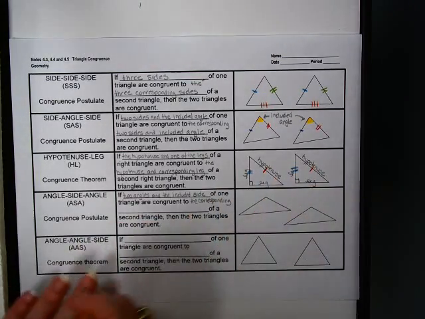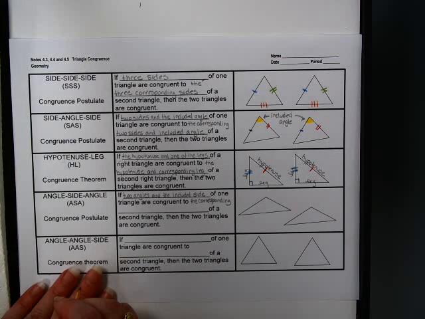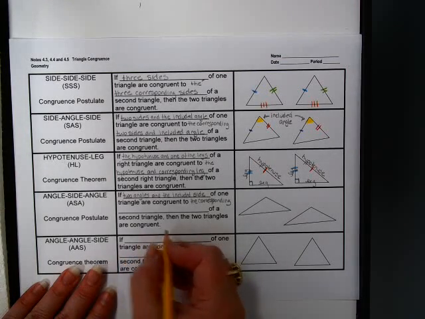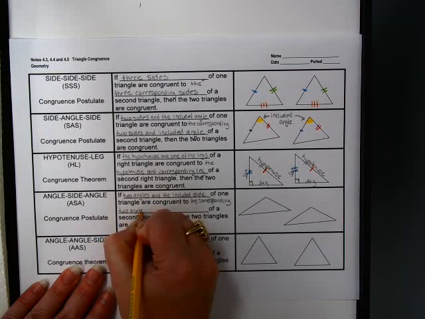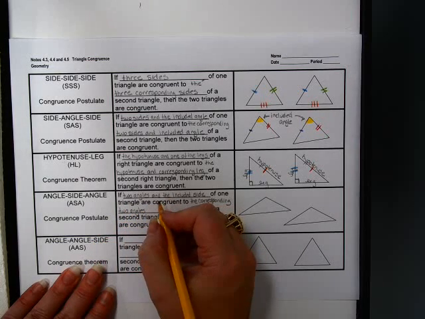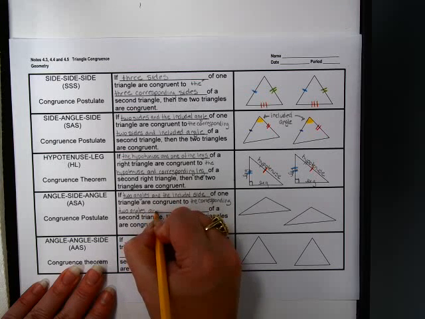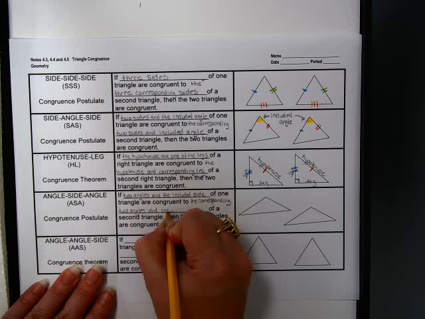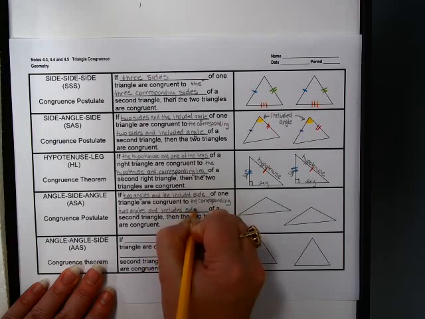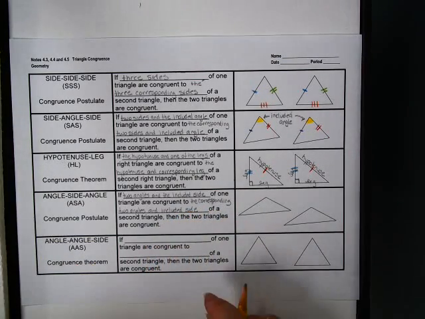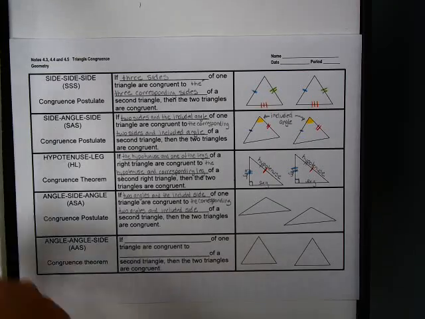Okay. The corresponding 2 angles and included side of a second triangle, then the 2 triangles are congruent.